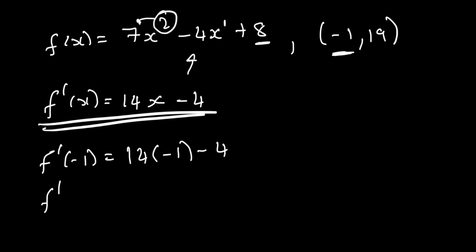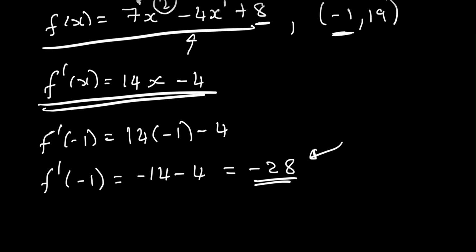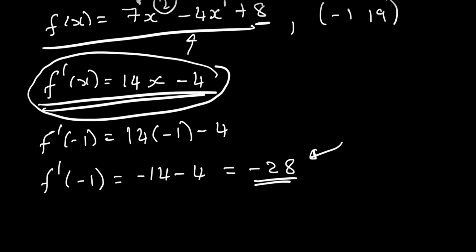So the gradient at the point where x is -1 is going to be what? 14 multiplied by -1, that's going to be -14, minus 4, that will give us -18. So this will be the gradient of this function at this point. So you first find the derivative. After finding the derivative, you substitute the x value, and then you get the gradient at that particular point.